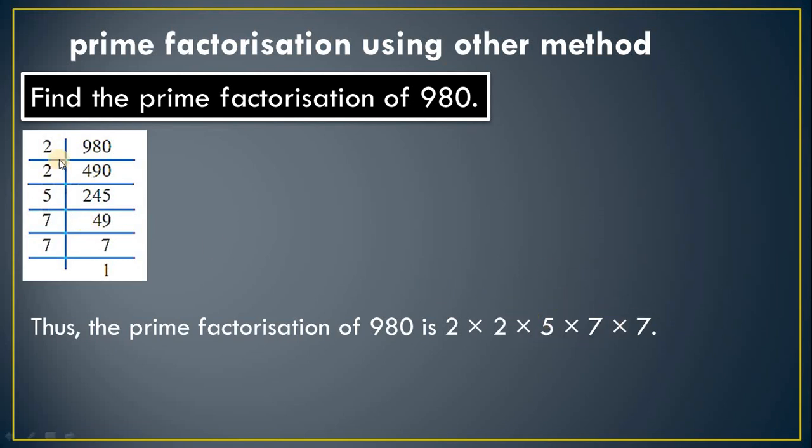Whatever numbers we are getting on this side, that is the prime factorization. If you multiply them, you will get the same number back. So if the question is the prime factorization of 980, you can use this method, do exactly like that, and at last you can write it as 2 into 2 into 5 into 7 into 7.